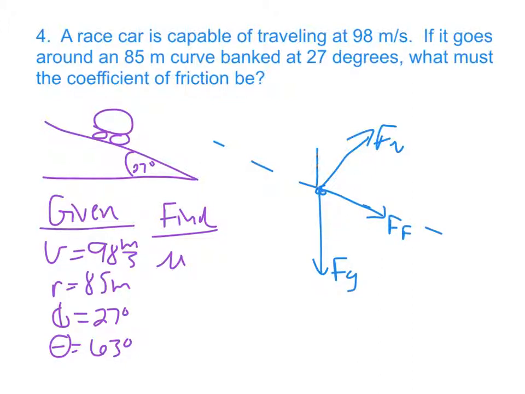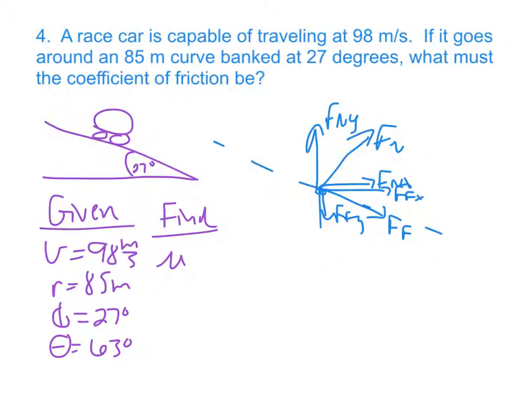And then breaking this apart, we get Fny, Fnx, Ffx, and Ffy. And we just want to make Fg shorter so that top equals bottom added together. So there's my Fg. Angle theta is with the normal force, and my angle phi is with the frictional force.